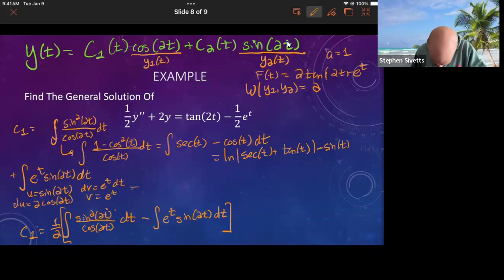And so this integral will equal e to the t times sine 2t minus 2 times the integral of e to the t times cosine 2t dt. And then we have to do integration by parts again.